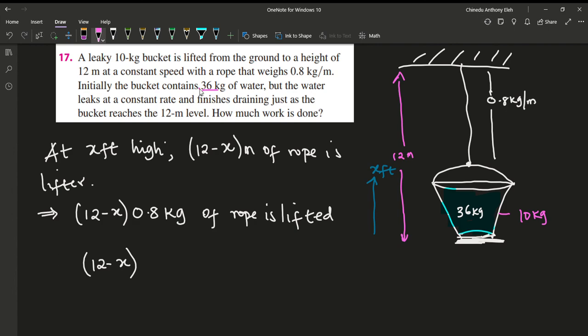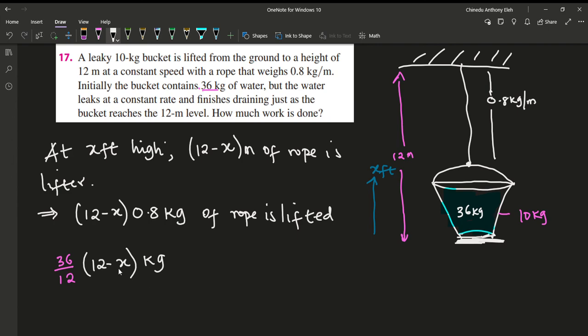We have 36 kg in total over 12 feet, so 36 divided by 12. So at x feet high, the amount of water remaining is 36 over 12 times 12 minus x, in kg.